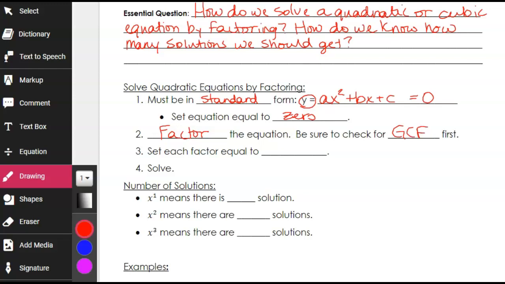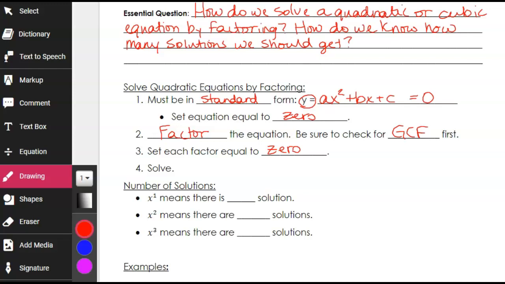Once you factor, you want to set each factor equal to 0 and solve. So you're going to have a few, usually 2, sometimes 3, little tiny mini equations where a factor is set equal to 0 and you can solve for your variable there.